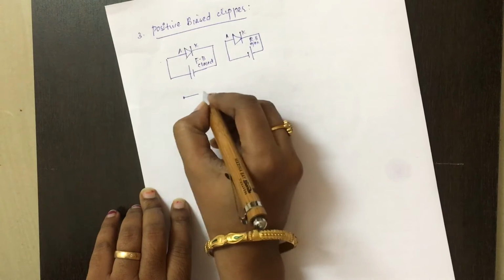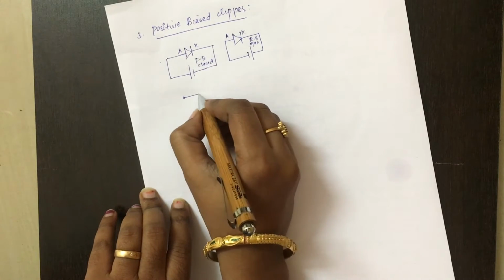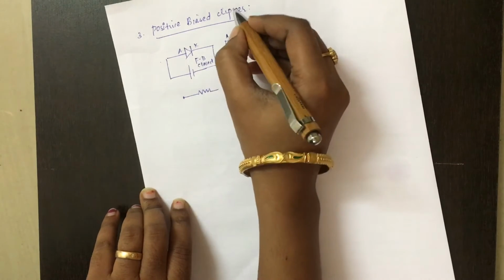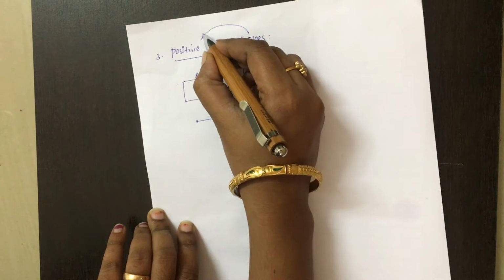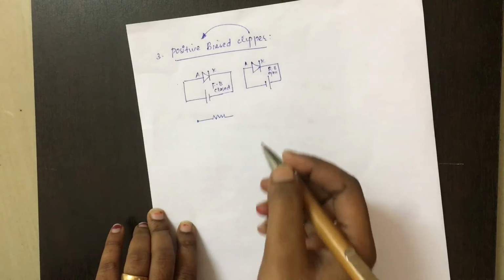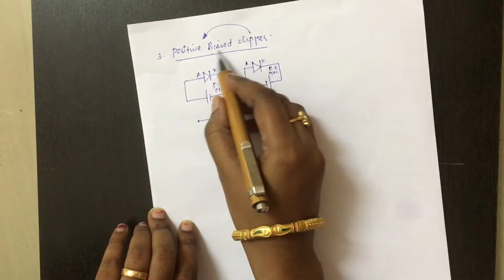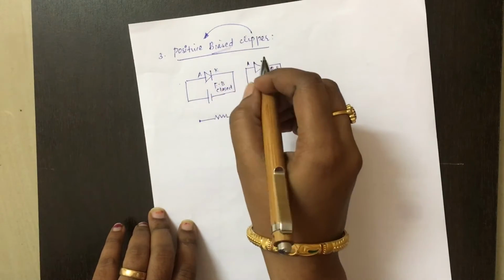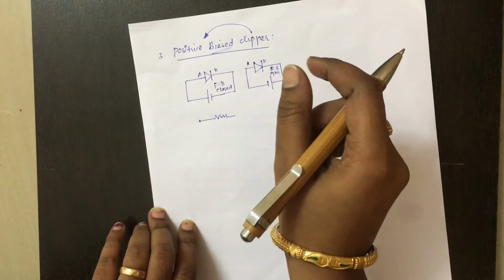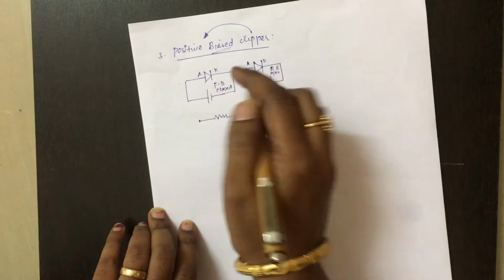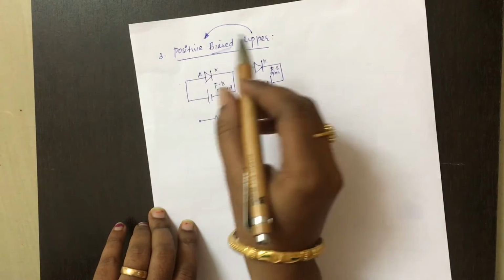I'll explain this by using a circuit. A positive biased clipper is a clipper which clips the positive half cycle of the input waveform, but based on the desired level which is supplied by the battery. By using the battery supply voltage, the positive input waveform will be clipped.